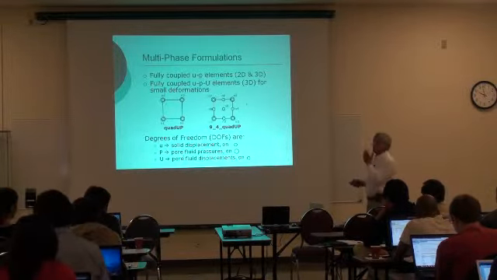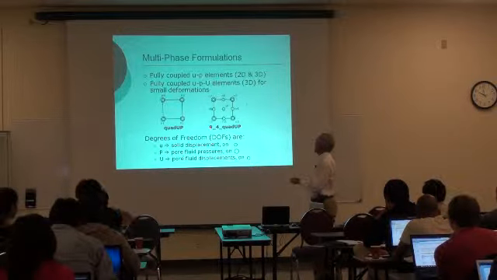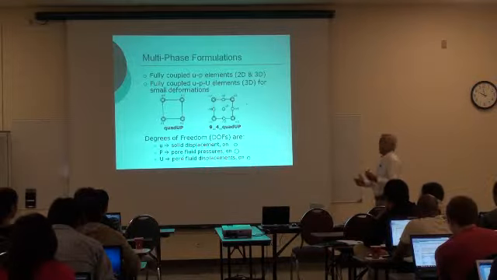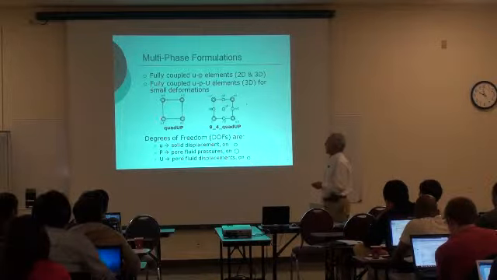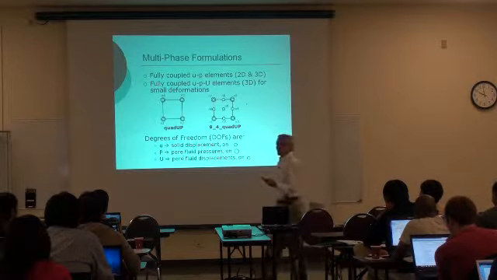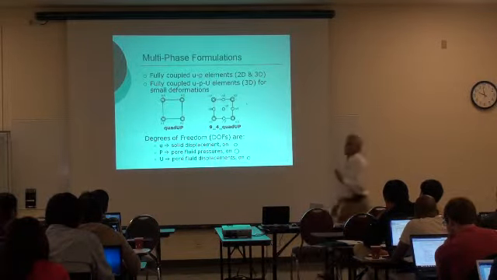Now, in order to do that, we have what they call the quad UP and the 9-4 quad UP that capture this type of formulation. Now, you see here that the nodes, in addition to the degrees of freedom for the displacement, also record pore water pressures.